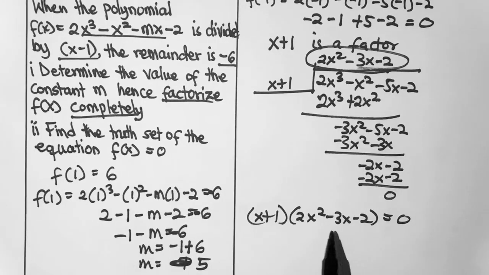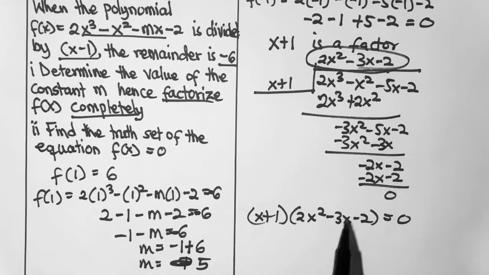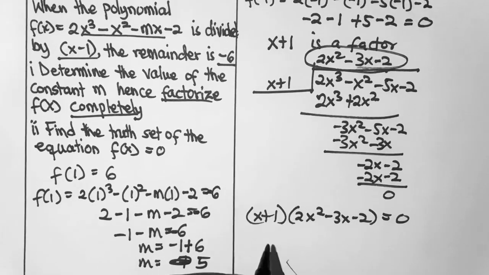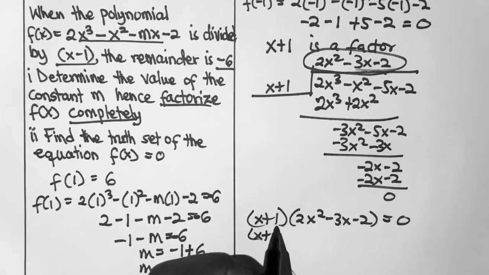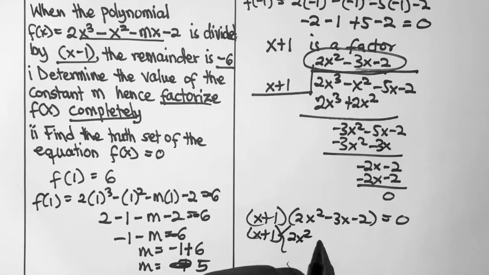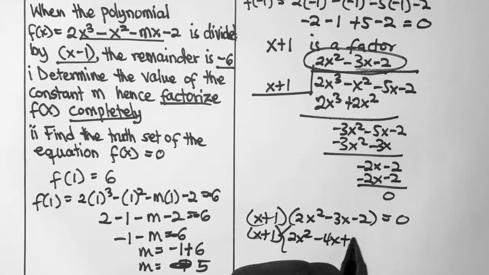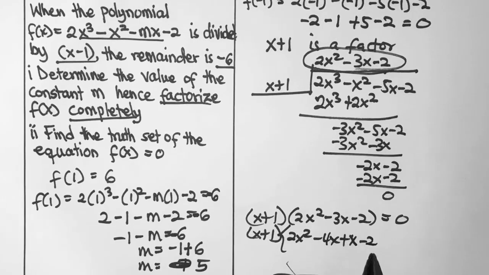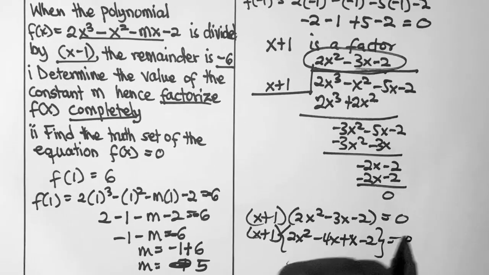So we want two numbers that if you multiply, you get minus 4, but if you add, you get minus 3. So those numbers are minus 4 and 1. So here becomes x plus 1, then times 2x squared minus 4x plus x minus 2 is equal to 0.